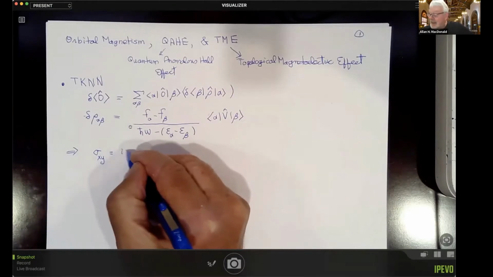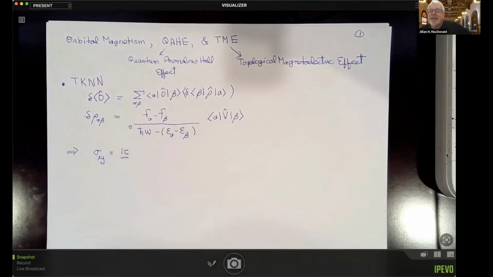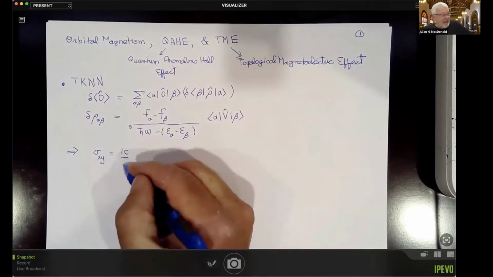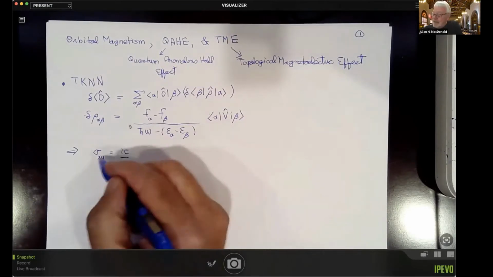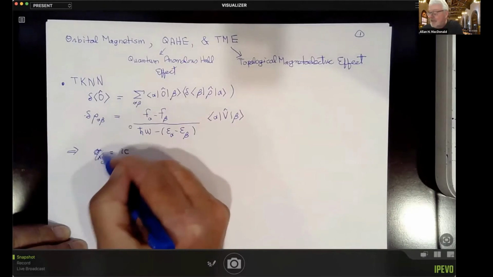I should say that the units are CGS, so the prefactors are correct, but no signs are guaranteed. Okay, let me write down something else first.